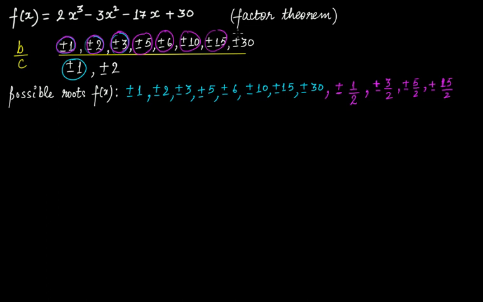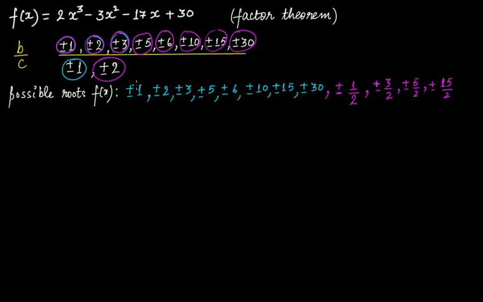Now take plus minus 30 and divide by plus minus 2, you will get plus minus 15. We already have that here, so ignore it. So we are done with this one also. Now these are the possible roots of f(x). These are the possible, not necessary, and we'll have to check it.